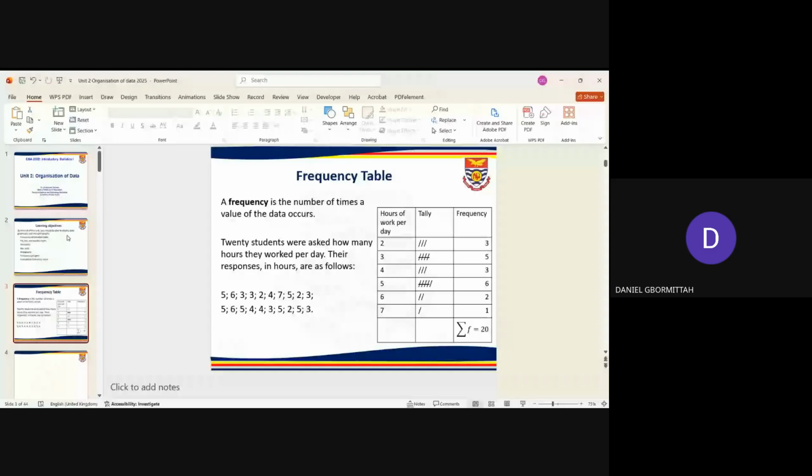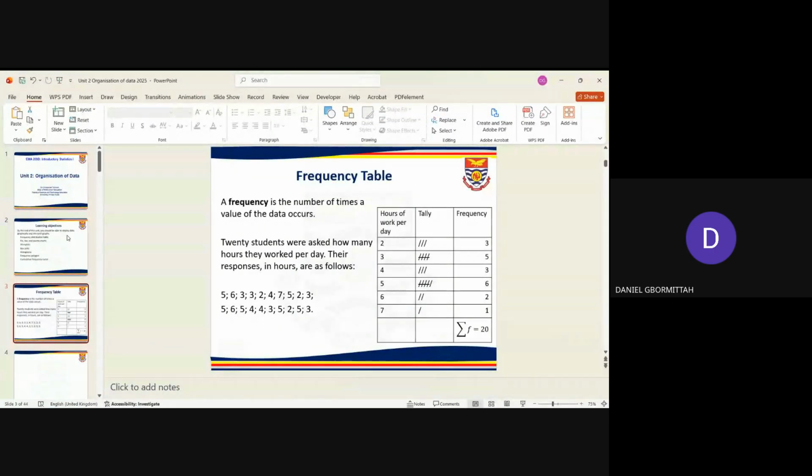Looking at this table, you clearly see the number of hours that some workers work per day, and then we have their frequency. The frequency tells us how many work 2 hours per day, how many work 3 hours per day, how many work 7 hours per day. And you see that it is well organized.